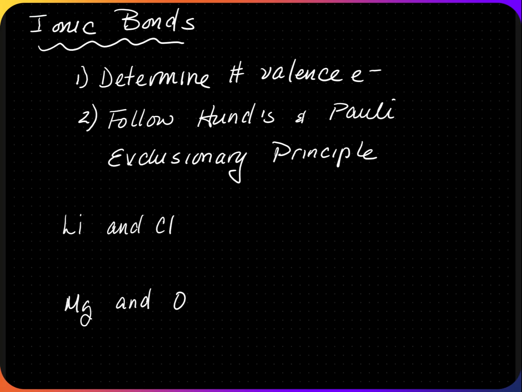To draw the Lewis dot structure for ionic bonds, the first thing you want to do is determine the number of valence electrons. Then you follow Hund's rule and the Pauli exclusion principle to fill the outer shells. So if I have an element X, I write my symbol X and count the number of valence electrons.